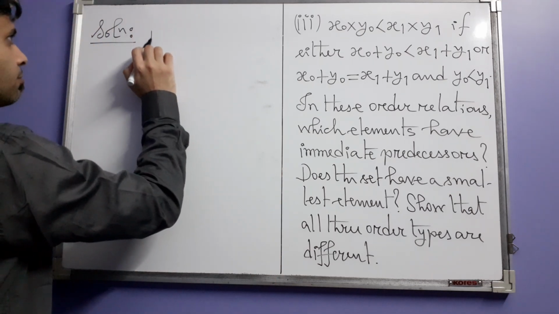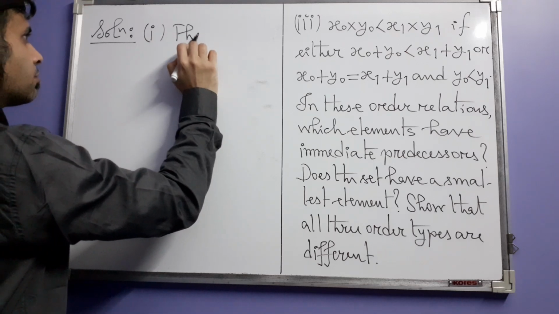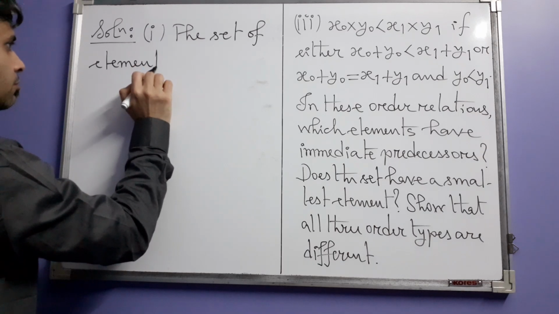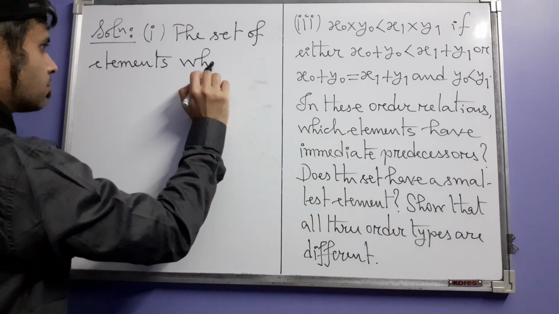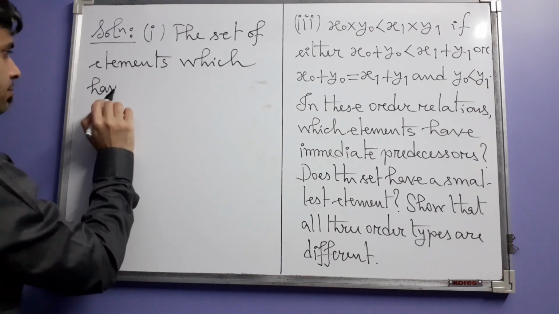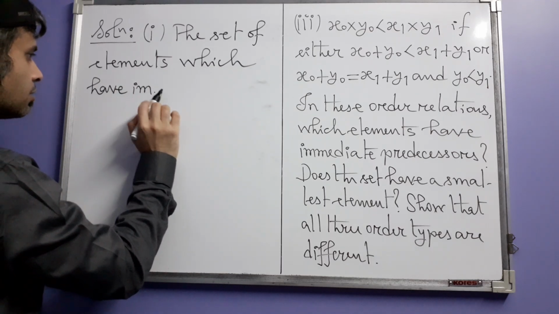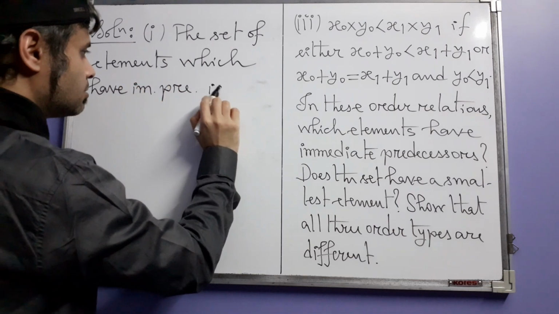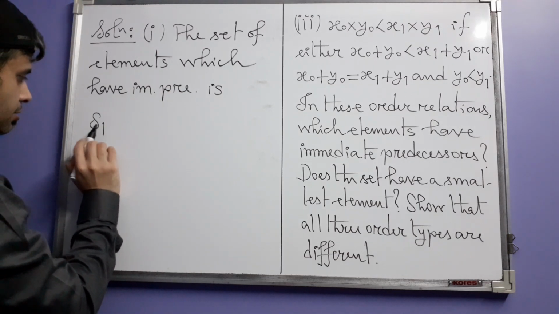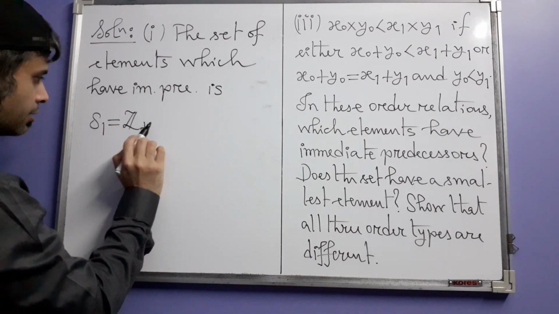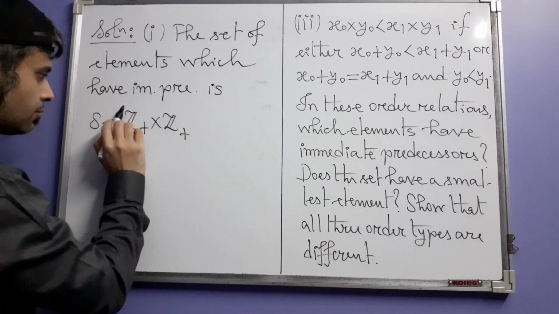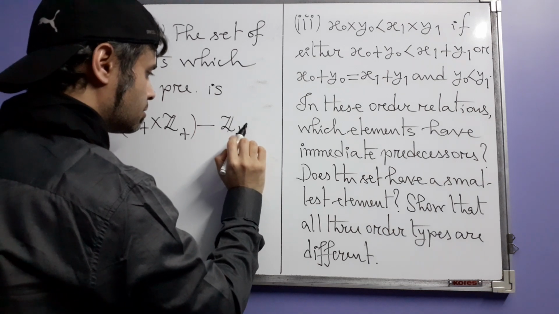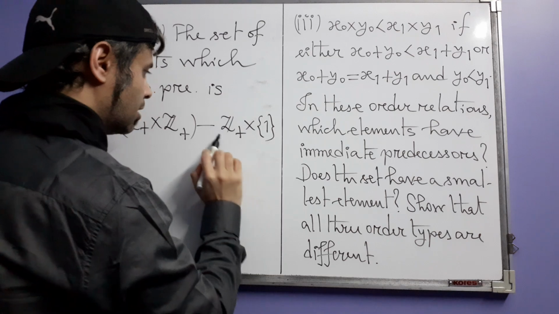That is why the set of elements which have immediate predecessors, let me call it S1, is: from the entire set, we remove those elements whose second coordinates are equal to 1.